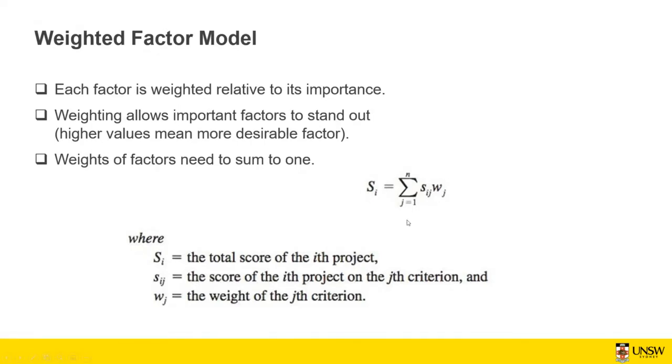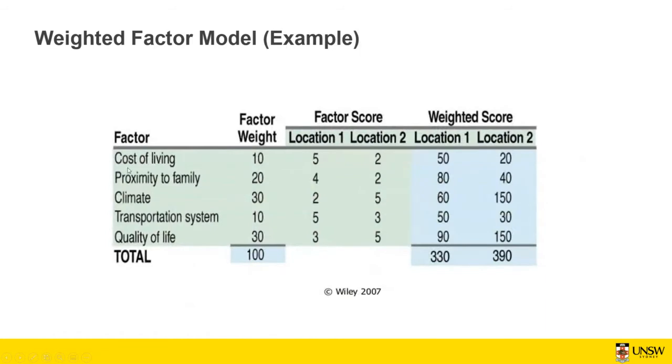It's very simple, although it doesn't look like it here. So maybe I can just describe it in this example. Let's say that you have these 5 factors: cost of living, proximity to family, climate, transportation system, and quality of life. Let's assume that you want to go to another country or another city, and you're looking at your options. You have 2 locations, location 1 and location 2, and you weigh your factors.